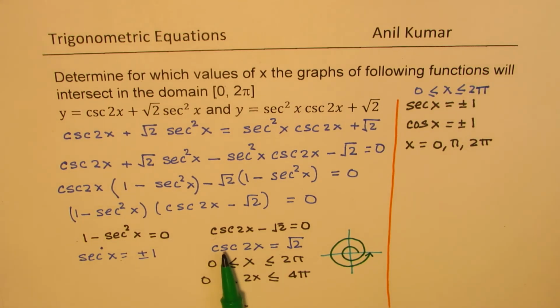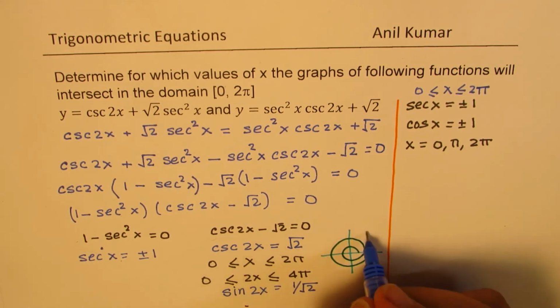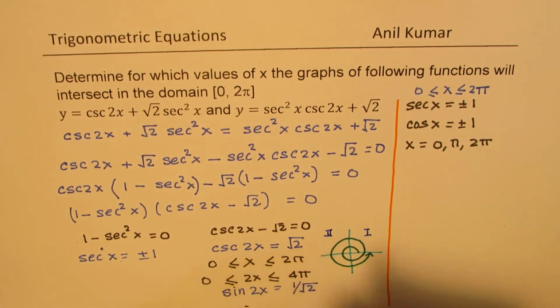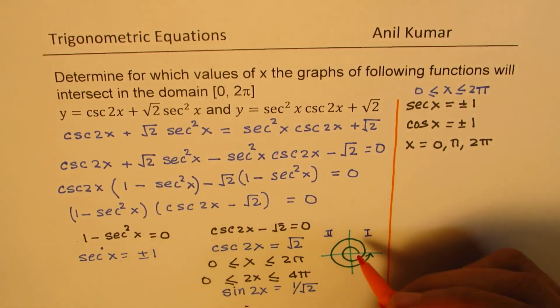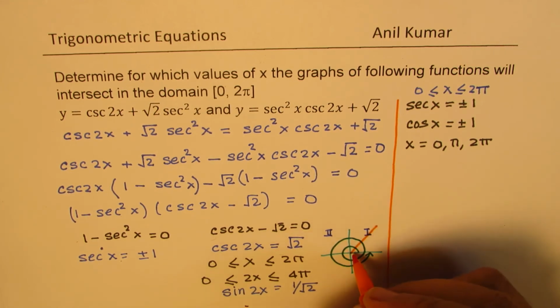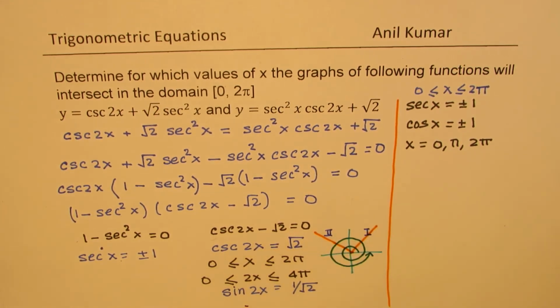Now when we say cosecant 2x is equal to square root 2, that means sine 2x is 1 over square root 2, right? So we are looking for sine 2x equal to 1 over square root 2. We know this value. Sine is positive in quadrant 1 and in quadrant 2. So we are looking for values which are 45 degrees or pi by 4. Now let me write down the solution on the right side.